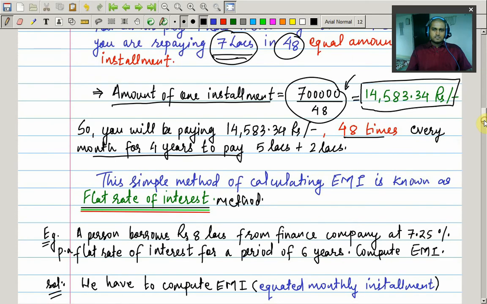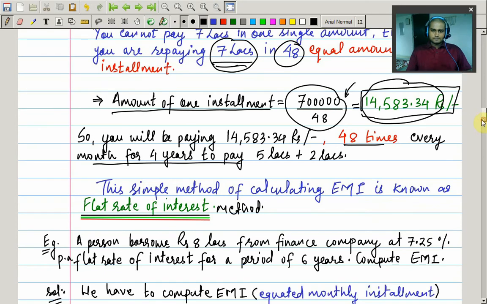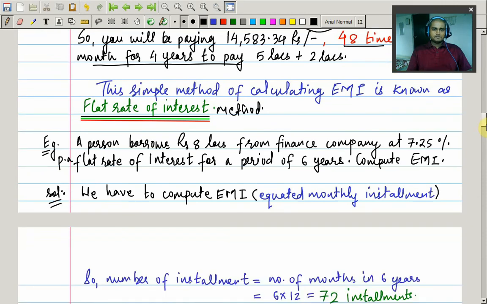Why I have said this is a very bad method, because the amount of EMI comes very large as compared to the reducing balance method, and we are paying a very big amount as interest to the banks if we are calculating everything according to flat rate of interest.